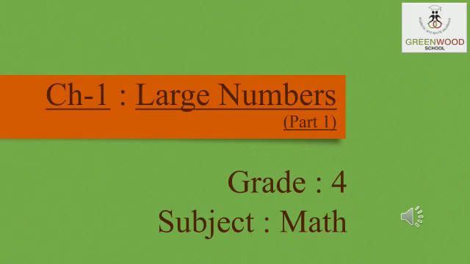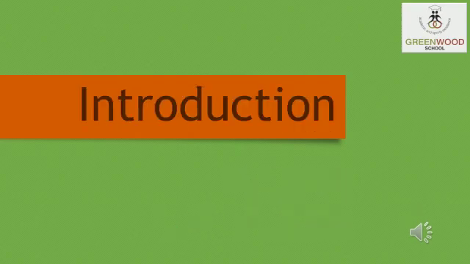Today let's start chapter number 1, large numbers. A number system is a way to represent numbers. As we all know, numbers are used for expressing certain parameters, entities, or money in quantities.